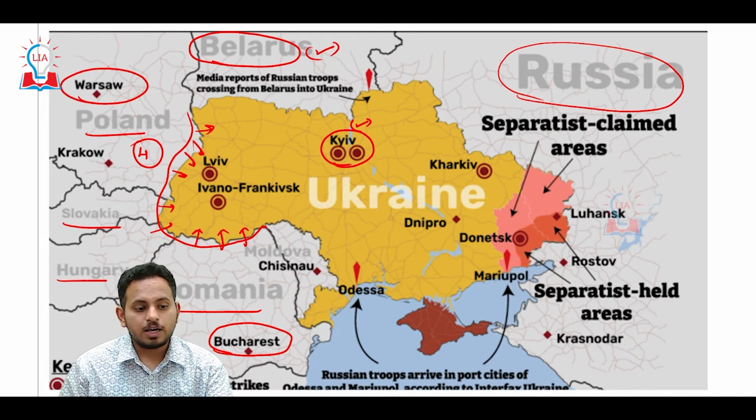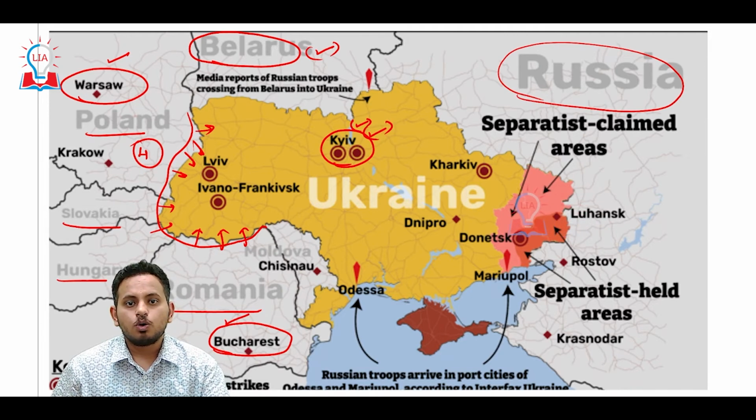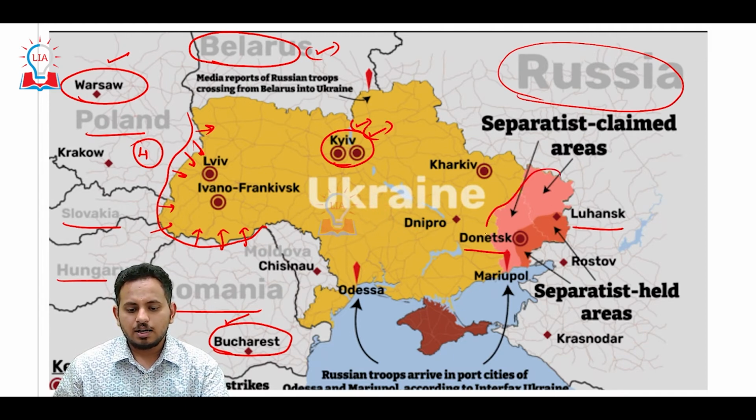Even the capital location becomes important. UPSC can give you 4 capital cities and ask you to arrange them from north to south and from east to west. This is what you should be aware of. You also have the Luhansk and Donetsk provinces. The entire region is called the Donbas region.